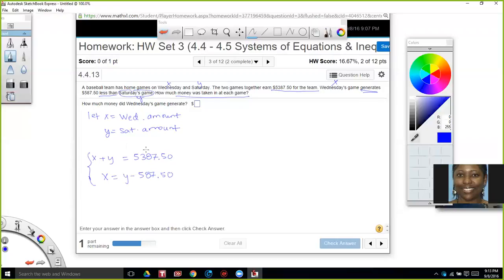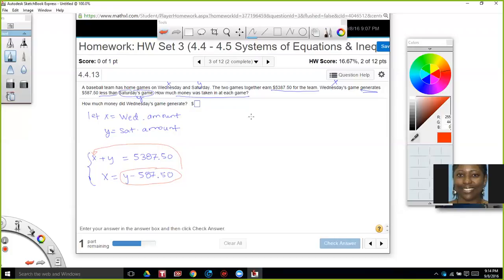However, if you want to use the substitution method, we can take this, x is equal to y minus the 587.50, and substitute it for x.